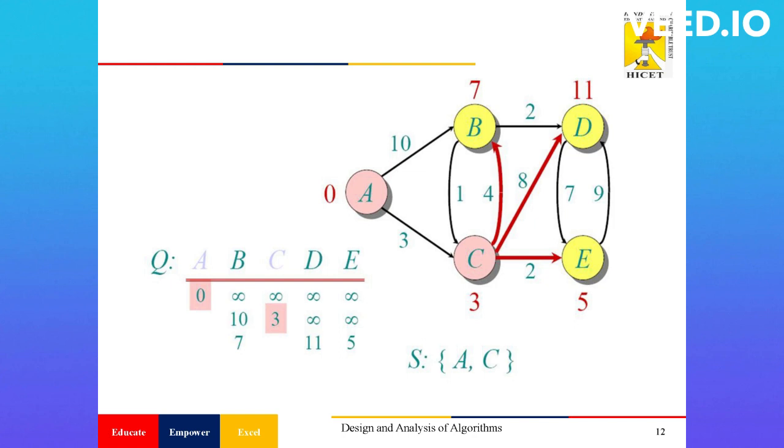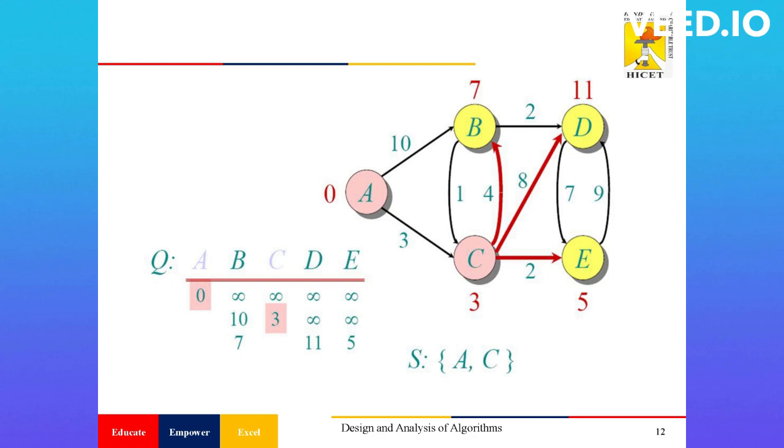So the known vertices are A and C. Eliminating these two from the visited part, we have to take into consideration B, D and E with the weights 7, 11 and 5. Among 7, 11 and 5, which is the lowest value? From that, we have to visit the unvisited vertex in the given graph.